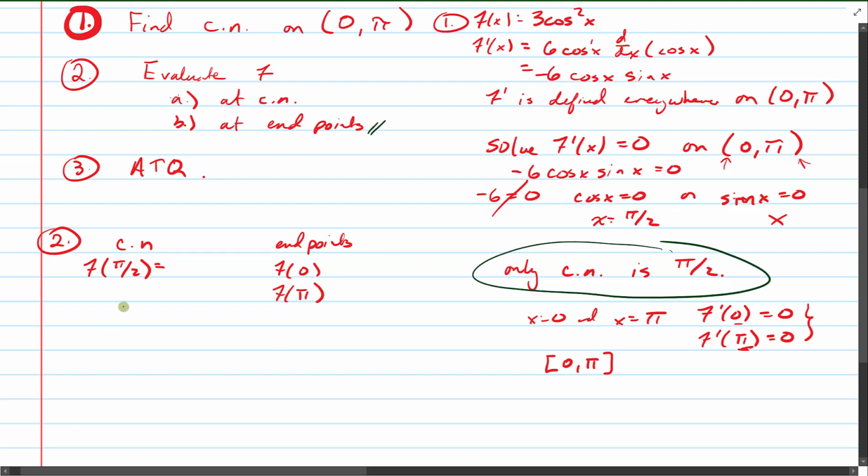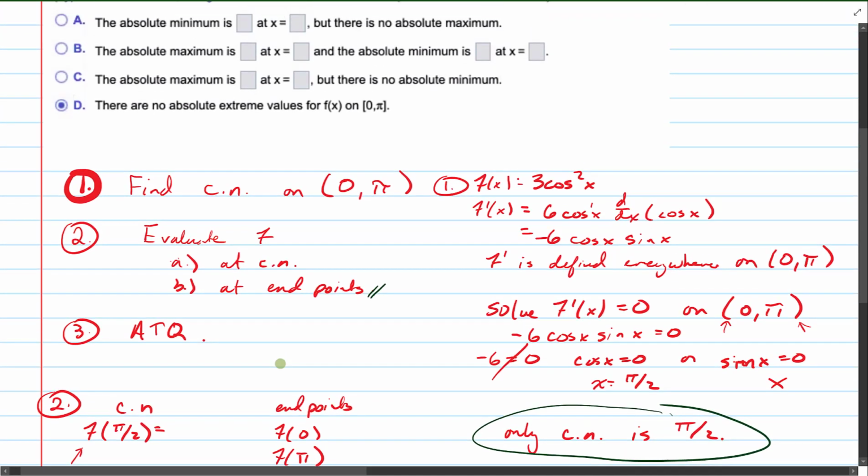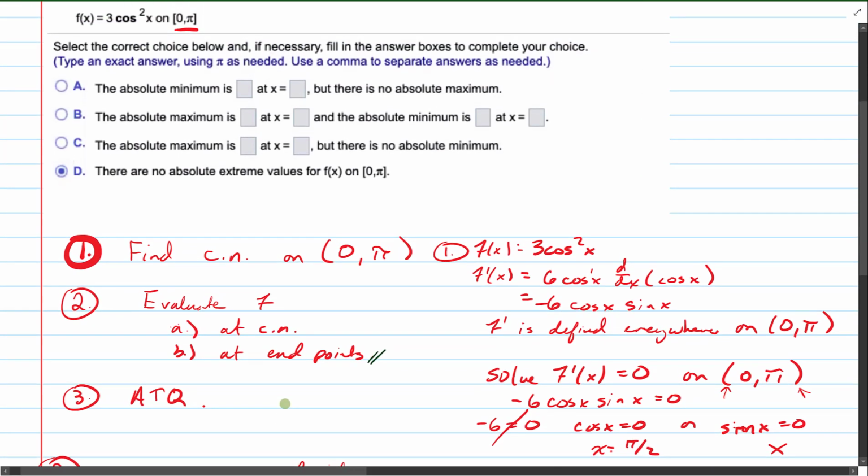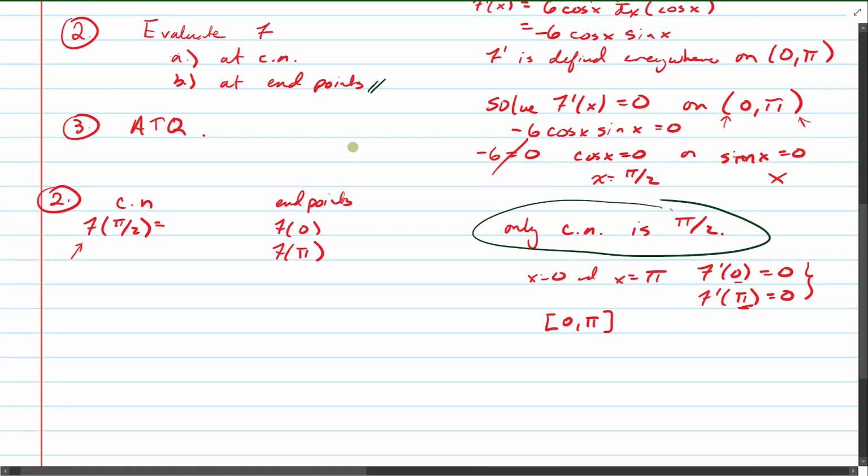So if I plug pi over 2 into where? Careful here, folks. Into the original function. We want to know what is the height of the function at that particular x value. So don't make the mistake of plugging that into the derivative, because we want to know what is the y value when x is pi over 2.